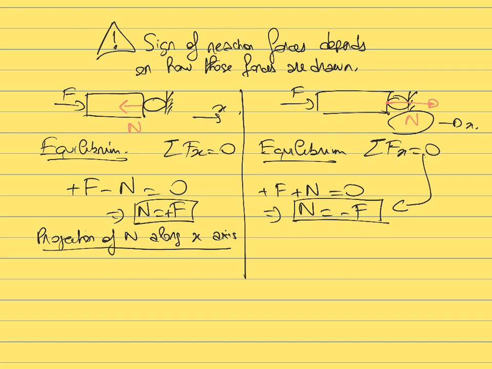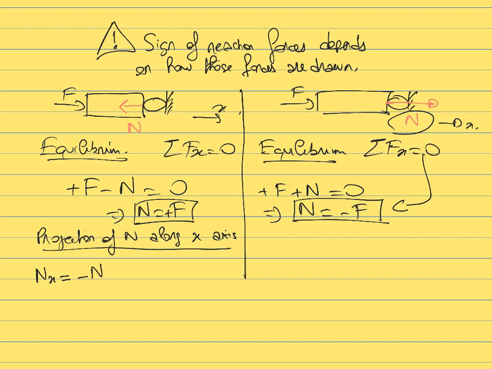If we want to calculate the projection of n along the x-axis, I can write it n_x. What is the projection of n along the x-axis? In this case, since I have drawn n as pointing towards the left, its projection along the x-axis is minus n.